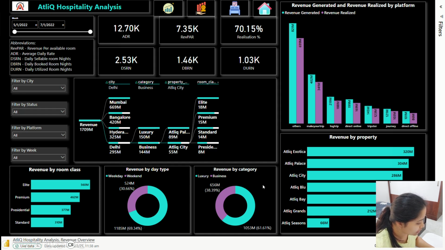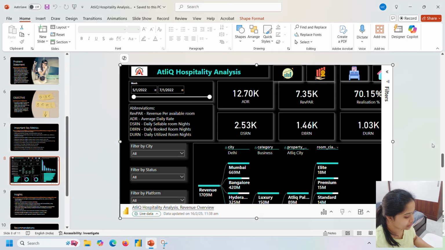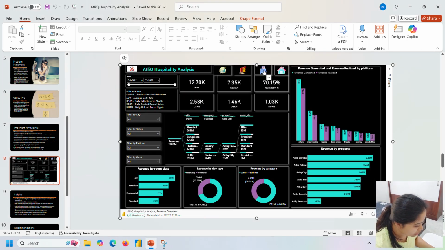Similarly, we have revenue by category here, and another bar chart by revenue by property. Exotica gives us the highest revenue. This is all about the revenue dashboard.